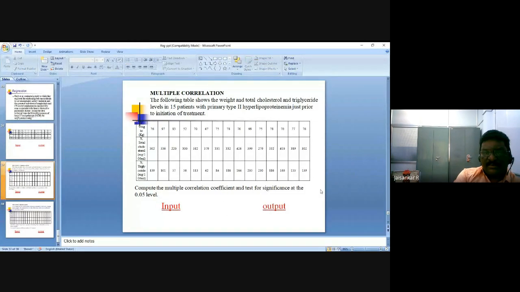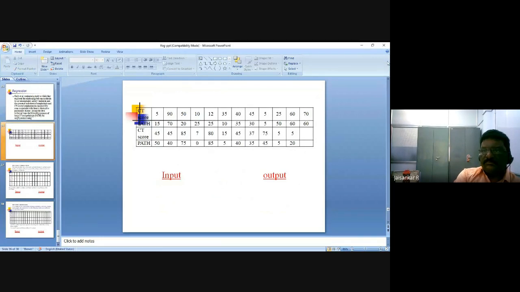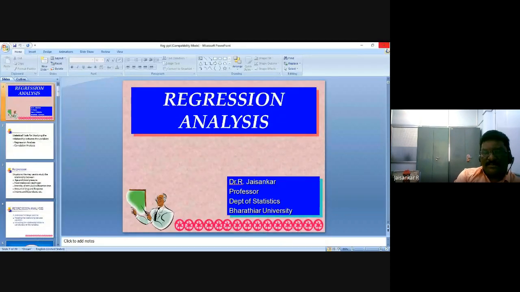Because it is not involved here, we can do these problems using R. That's all I want to share with you about correlation and regression. Majority of research would not skip the usage of these two tools, correlation and regression. If you have any real doubt, I am ready to clarify it.